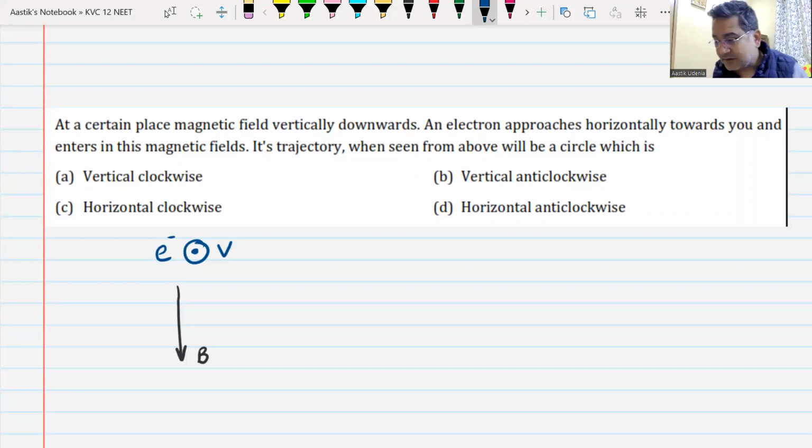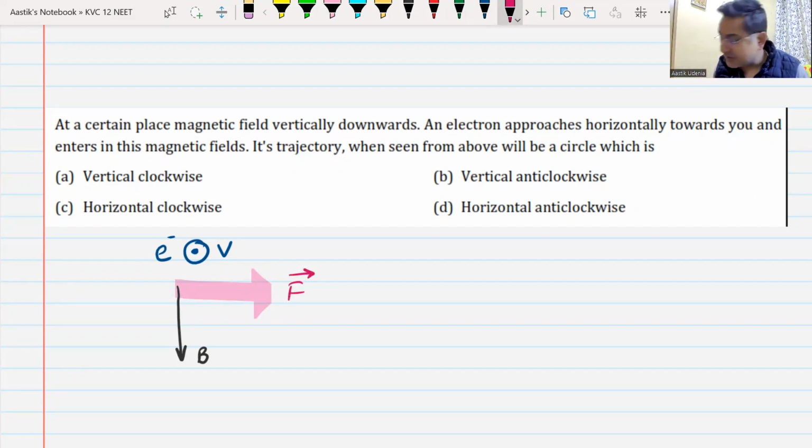And I have the answer: vertical clockwise, that is correct. V is outside, B is downwards. So the force will be like this.